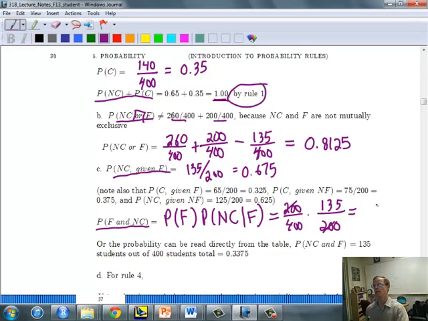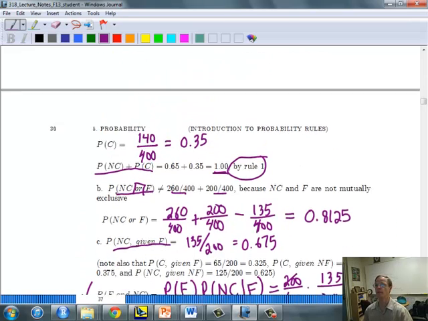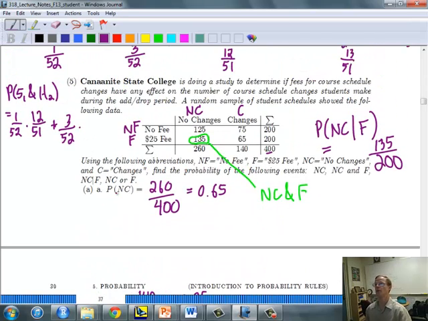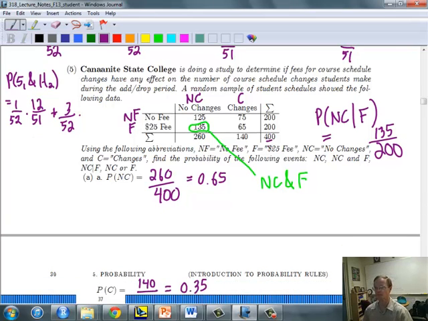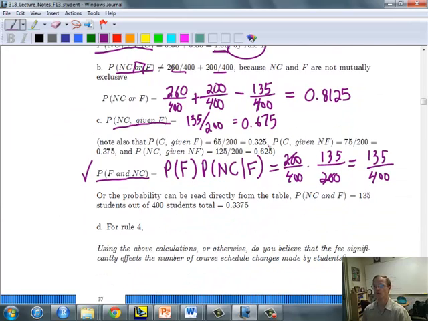We have a little cancellation here, 135 out of 400. And I want to note that this phi and no change is an observation that we could make directly up here. No change and phi, we already said, was 135 out of 400. The rules are consistent.